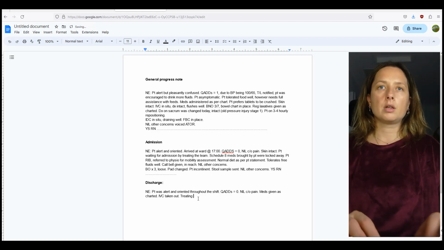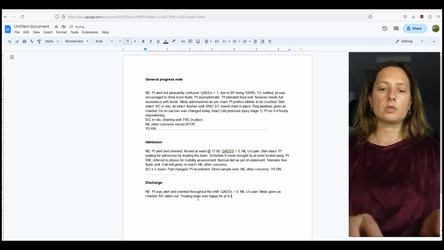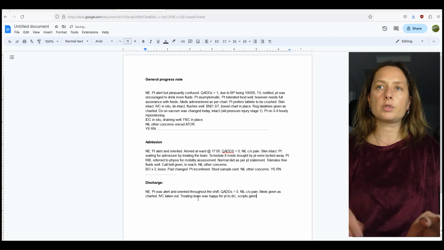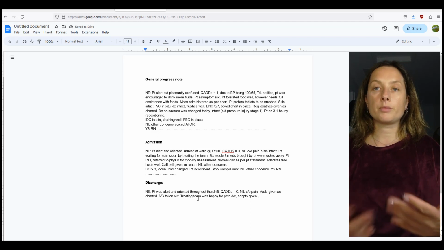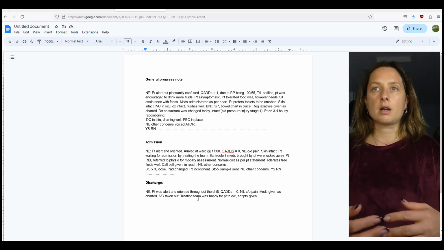Treating team was happy for patient to discharge. Scripts given, because usually when they discharge, most of the time they would have some scripts given to them, meaning that they will have some sort of medication taken after discharge.